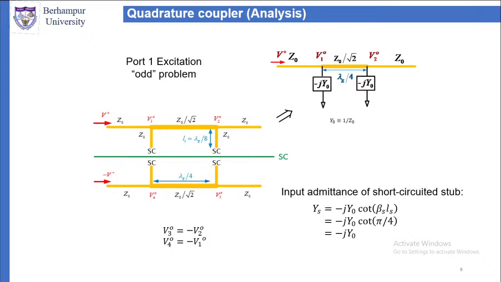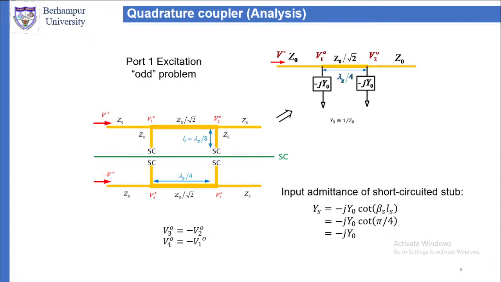Now, based on this, we get the equivalent circuit, shown in the upper right-hand side. We have two admittances, minus j Y0, separated by lambda g by 4 through a transmission line of characteristic impedance Z0 by root 2. There are two other transmission lines, one on each end, of characteristic impedance Z0.